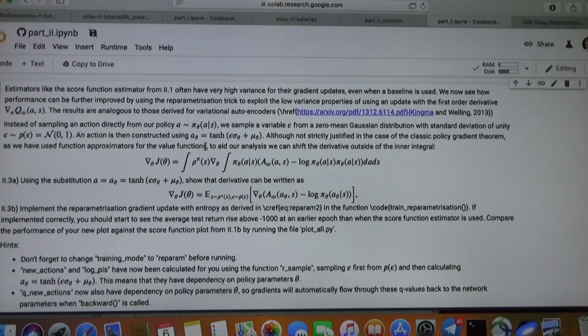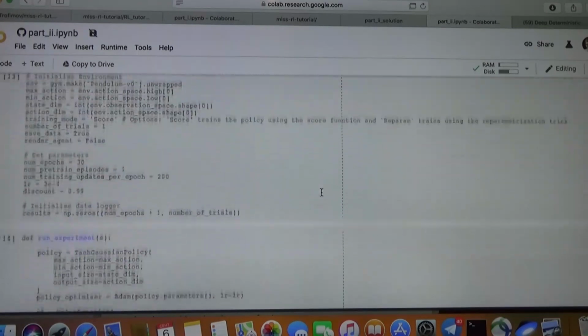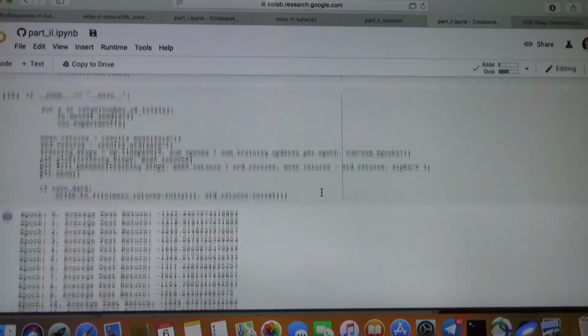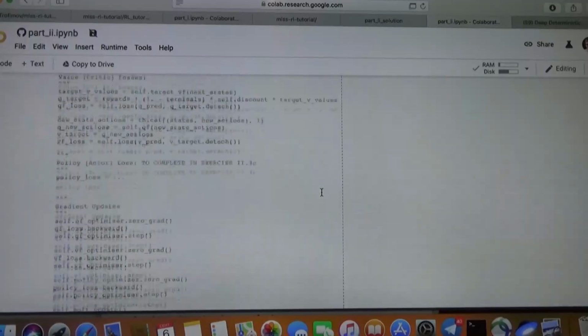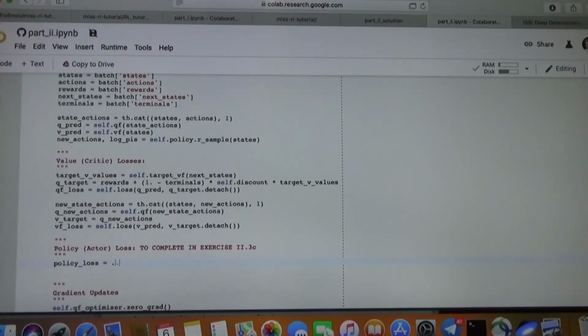Of course it is a trick, and we have no proof that it will converge, but in practice this trick reduces the variance of the gradient and leads to faster convergence. So probably I will just solve this problem myself because it was not described.